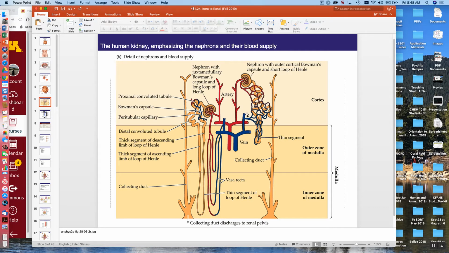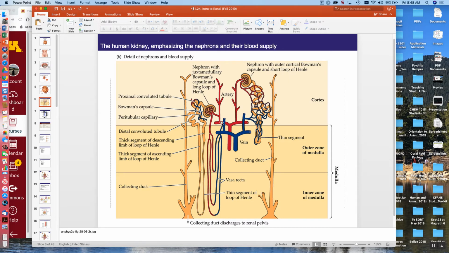Okay, so we'll talk more about that and its transport properties later. But the key idea here is that you have two types of nephron. These are the single unit of filtration.